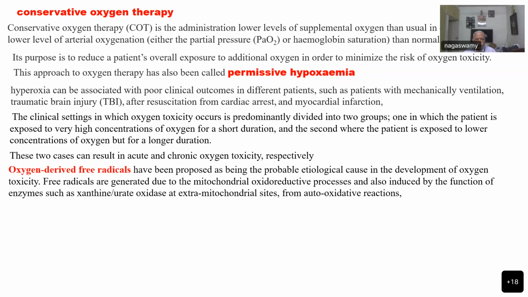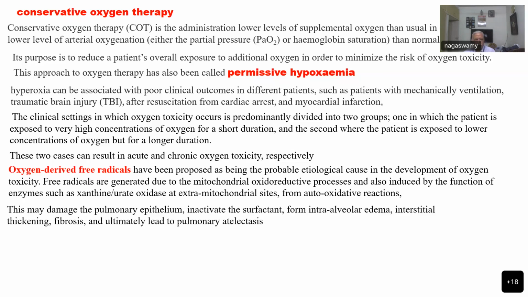And these free radicals are generated due to mitochondrial oxidoreductive processes, also induced by function of enzymes like xanthine and urate oxidase at extramitochondrial sites from auto-oxidative reactions. So this may damage the pulmonary epithelium, inactivate the surfactant.